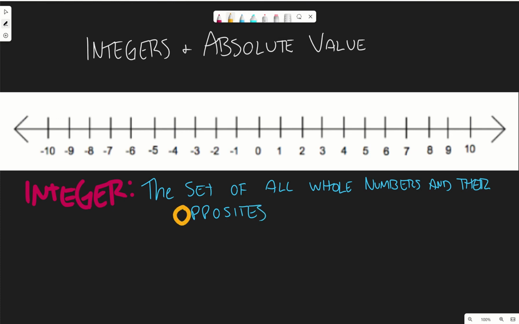Set of all whole numbers and their opposites. The reason I put opposites in a different color is because that's our next vocabulary word.